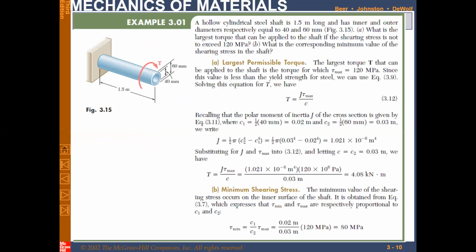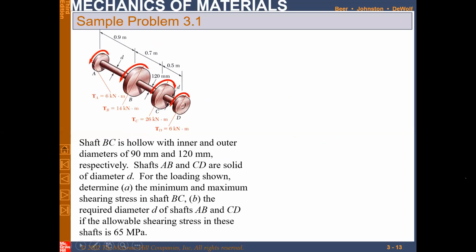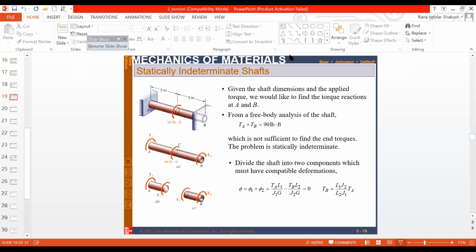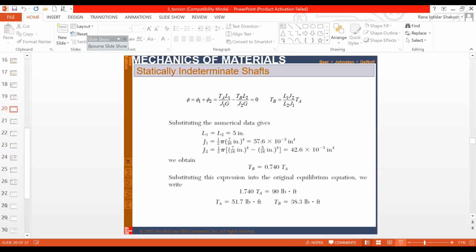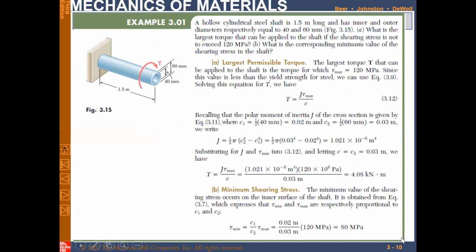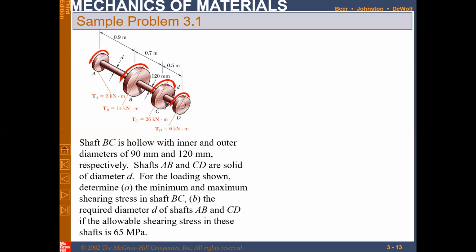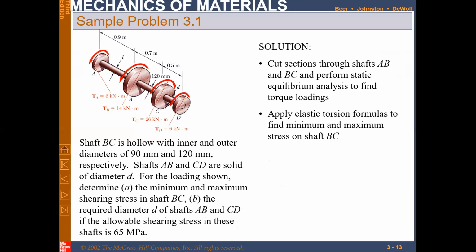So these were the problems. 3.01 was the problem. I solved it. And then this was another problem, 3.1, which I discussed, right?